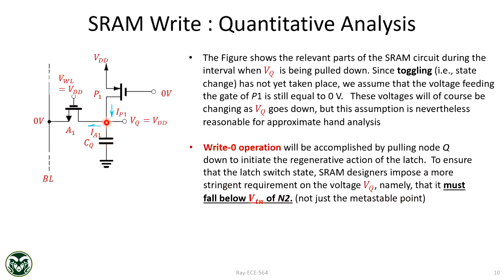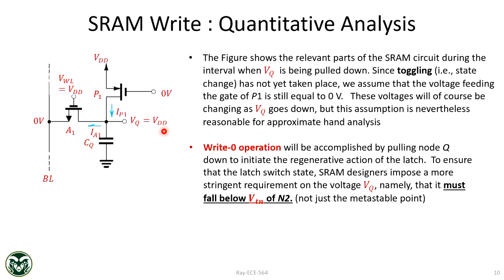This point is going to the gate of N2. So N2 should be turned off to flip, right? So that's why this is the criterion, the threshold voltage of the NMOS transistor: you have to pull down this node voltage from VDD to at least the threshold voltage so that the inverter flips or the write happens.